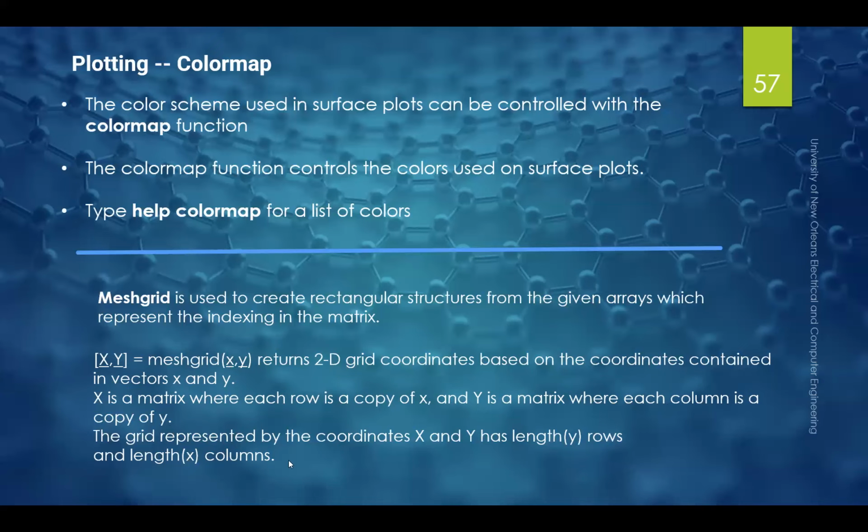And what that does is it allows you to create a grid of numbers, because if you try to plot a two-dimensional function using a one-dimensional plot, it's not going to give you the whole information, right?